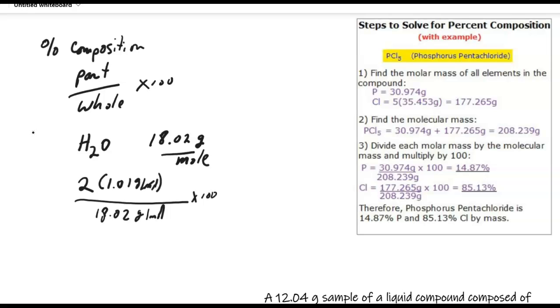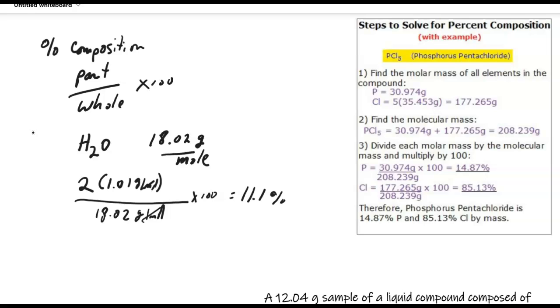And of course, my units cancel out, and you come up with an answer. Let me do it on my calculator here. 2 divided by 18.02 times 100. I get 11.1% of water is hydrogen.